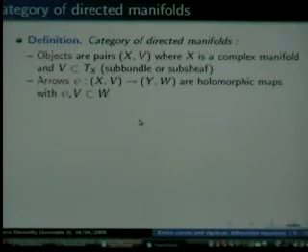Namely, you introduce a category, the category of directed manifolds. So what are the objects? They are just pairs.